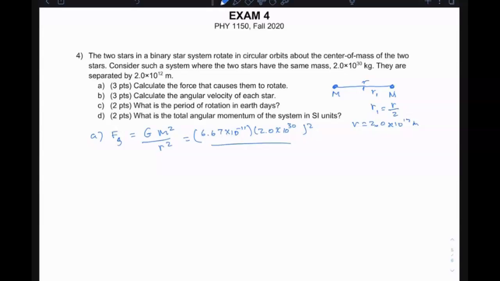And we divide that by the distance, 2.0 times 10 to the 12 meters, and that's going to be squared. And if everything in this calculation is in SI units, then the result is going to be in units of newtons. I perform the calculation and I get 6.67 times 10 to the 25th newtons.